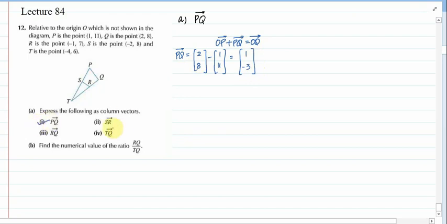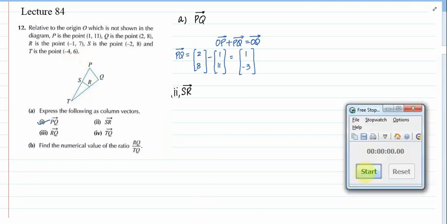In the second part it says, find the vector SR. So you have the vector OS, you have the vector OR. Similarly to PQ, you can find the vector SR. You have a minute to start.